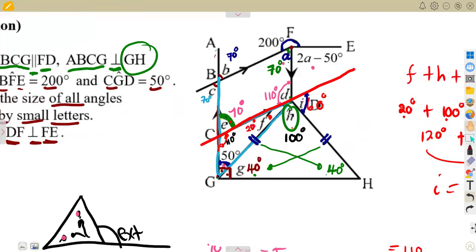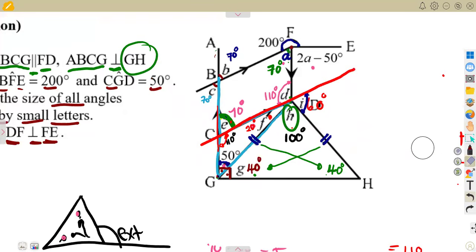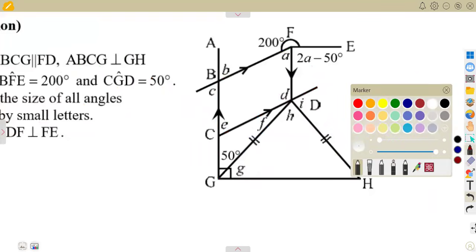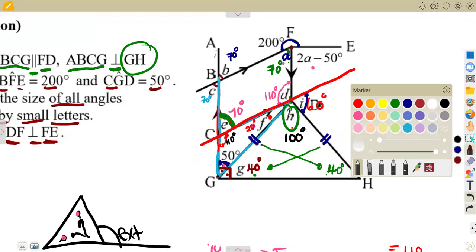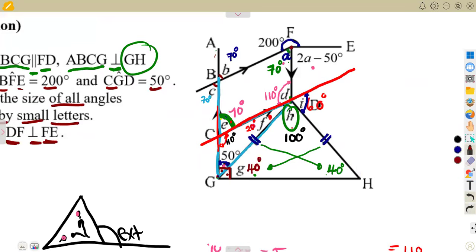DF, where is our DF? Okay, let's see from our diagram. From D, this is our D here.